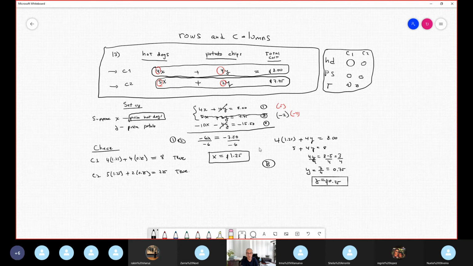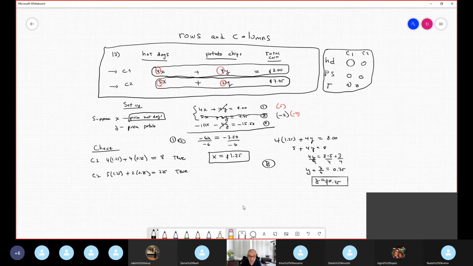Or maybe another possibility is I give you the unit price, and you need to find how many hot dogs and how many potato chips. It's another possibility, but it's identical. So, any question? No? Erase the board. No question. Okay.